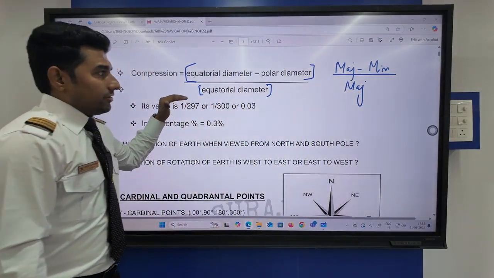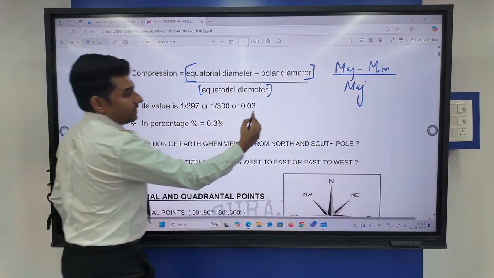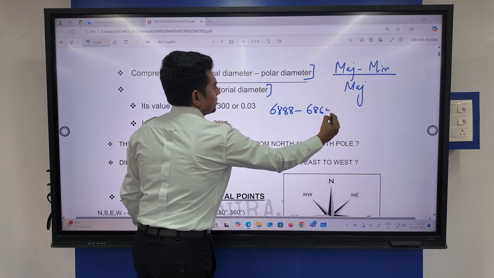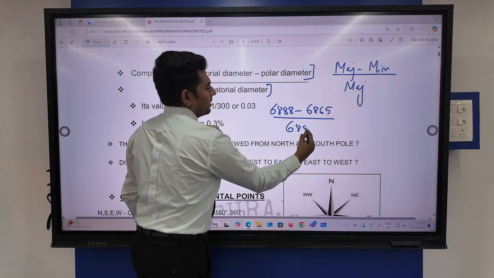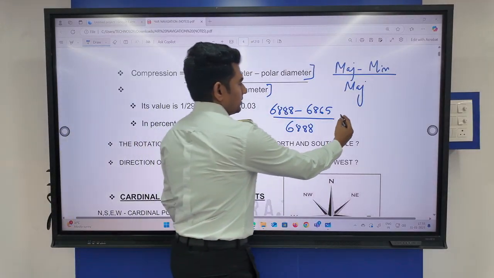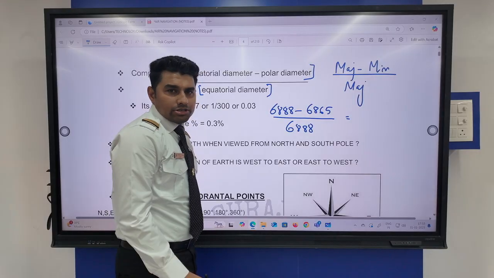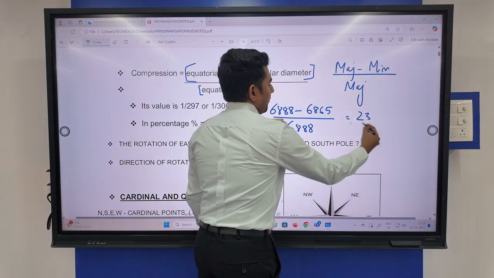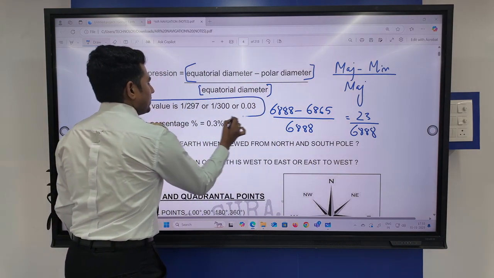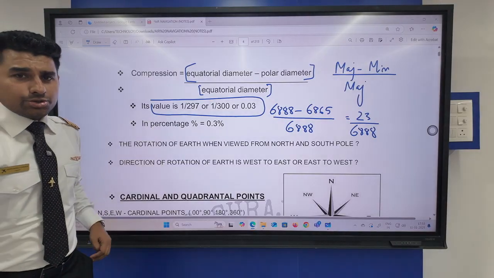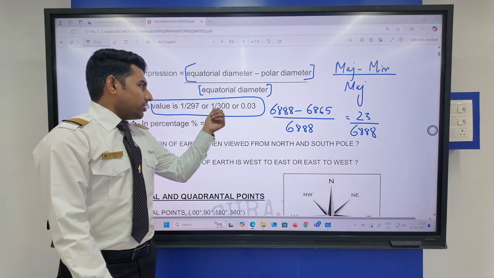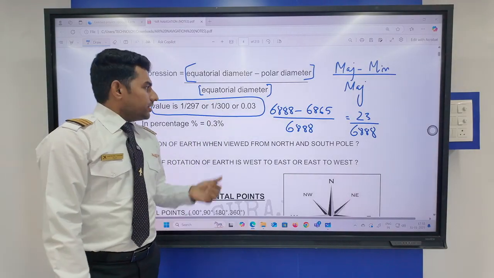So considering the values: 6888 minus 6865, divided by 6888 nautical miles. 88 minus 65 is 23, so 23 upon 6888. It gives you a value nearly equal to 1 by 297, 1 upon 297. For a rounded up value you can say 1 by 300.